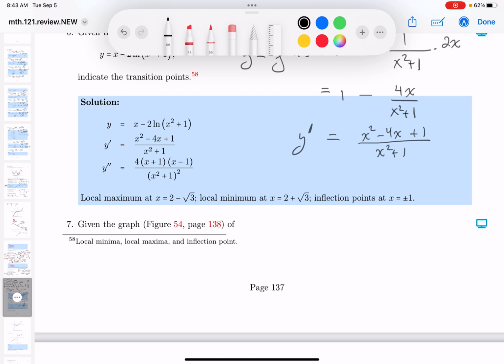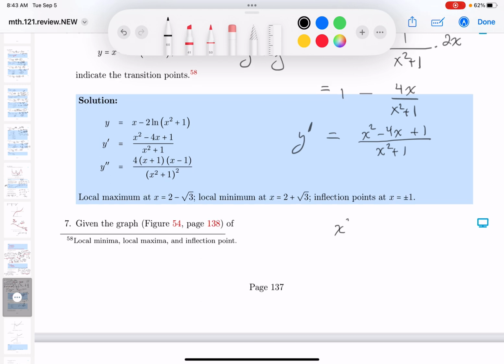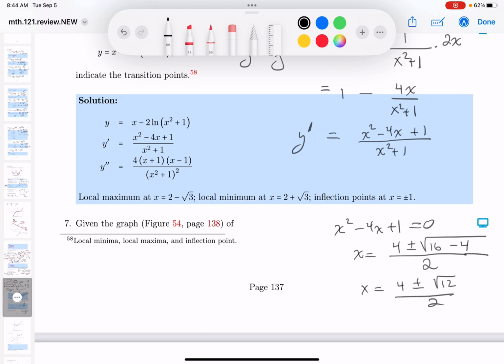All right, so I got to do x squared minus 4x plus 1 equals 0. Well, x equals, quadratic formula, 4 plus or minus, let's see, b squared, which is 16, minus 4ac, minus 4. x equals 4 plus or minus the root of 12 over 2.